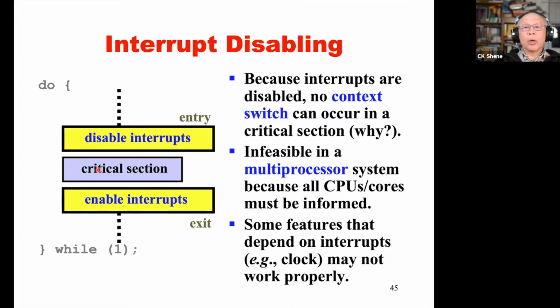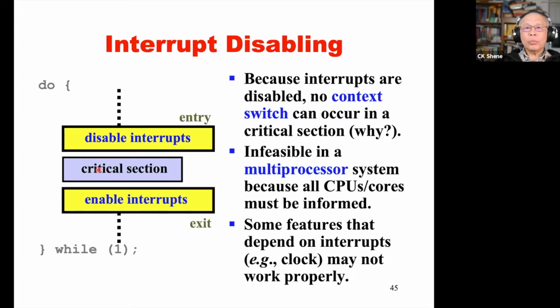Now, recall the process transition diagram we discussed in the process unit. A process gets to the CPU, and either it exits, going into the terminated state, or that process executes some instruction in order to wait for a certain event to happen, for example, input output.